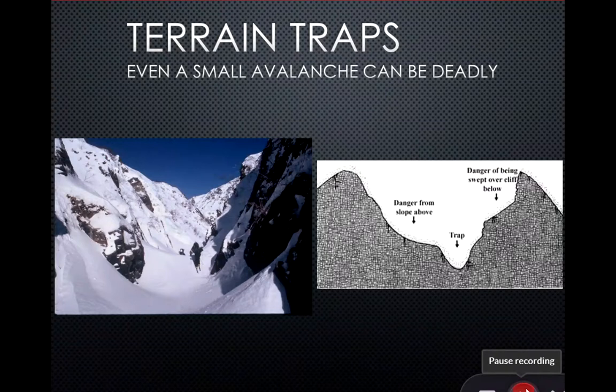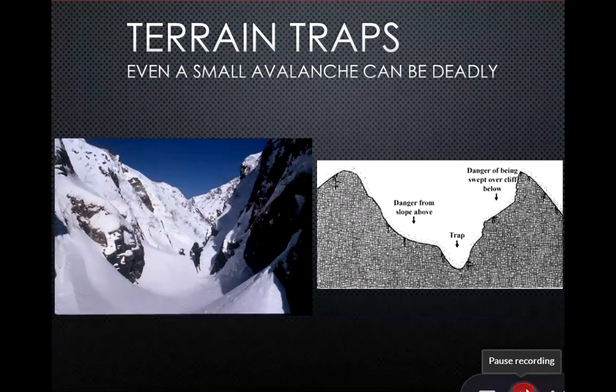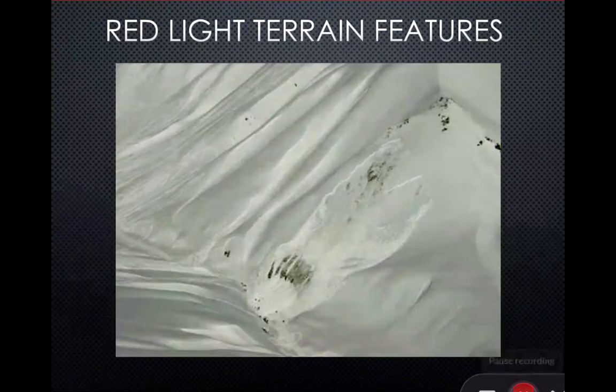Another one is being swept over a cliff or having terrain above you that might get remote triggered and come down and hit you. Those are all things that we view as terrain traps, and really thinking about the consequences of what that means when you're out.